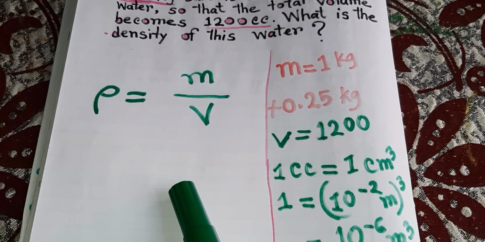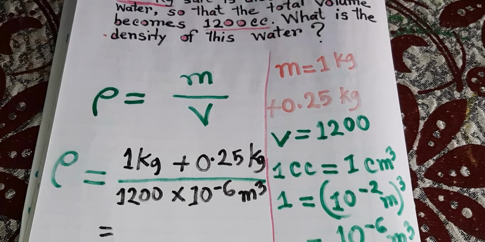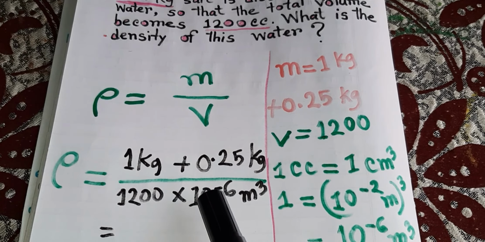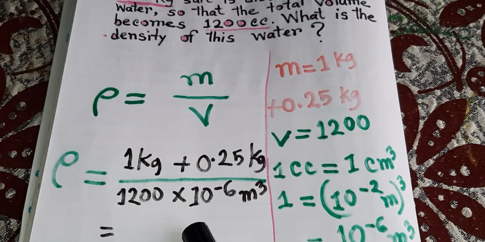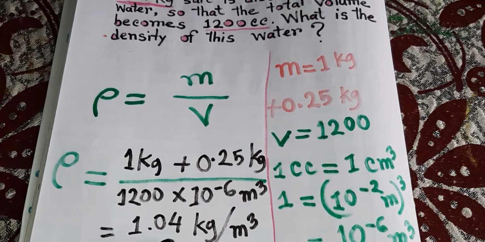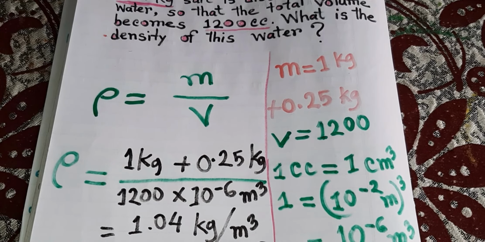Everything we have written here, now we'll calculate, or you just use a calculator and get the answer. So guys, this is our answer, 1.04 kilogram per meter cube. This is the density of this water.